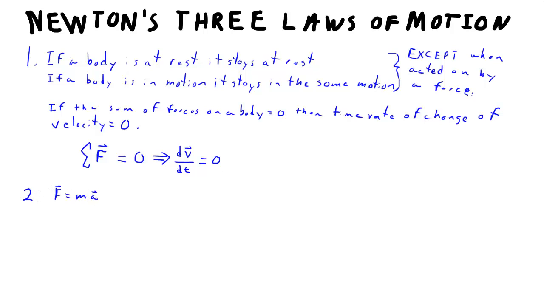But we have to recognize what we're really talking about is the sum, again, of those forces acting on a body equals the mass of the body times acceleration. Or, by the way, the mass of the body times dv/dt. This is nothing more than acceleration. So there's a nice compact equation that describes the relationship between acceleration and force.